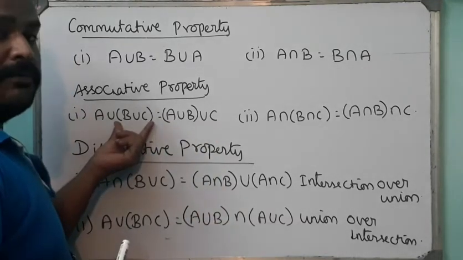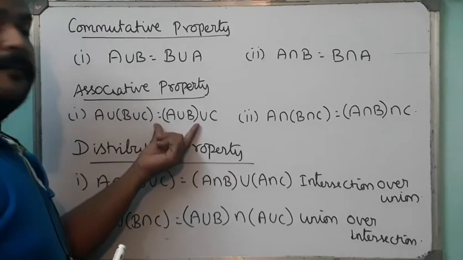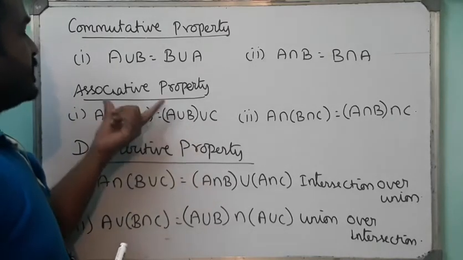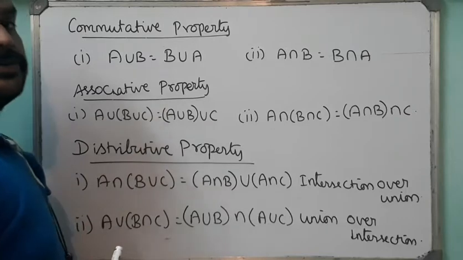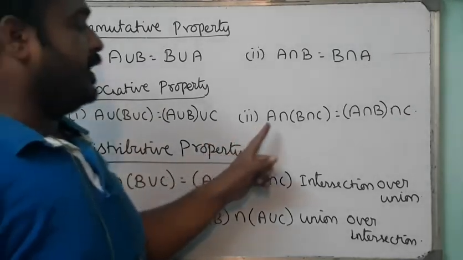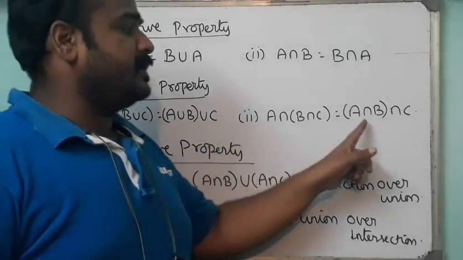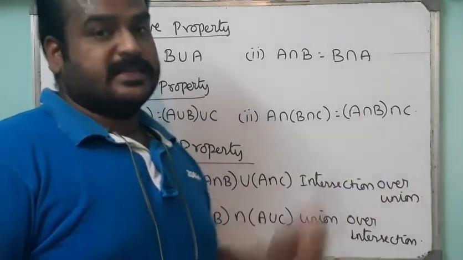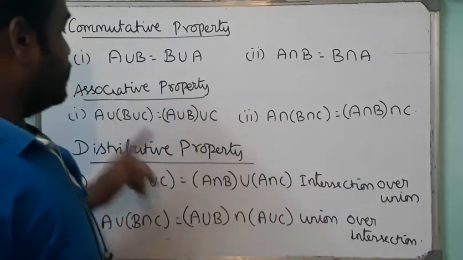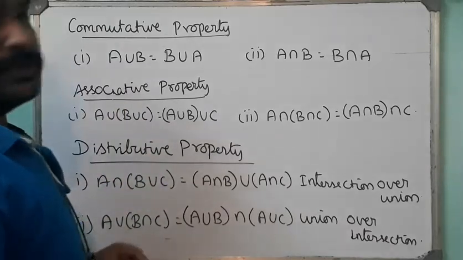Here we put B union C first and here we put A union B first. So both will be same அப்படினு சொல்றாங்க. That is nothing but associative property. And in the same way A intersection (B intersection C) equal to (A intersection B) intersection C. Clear with the idea? So these two properties come under associative property.